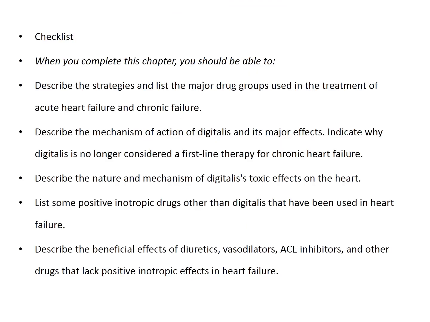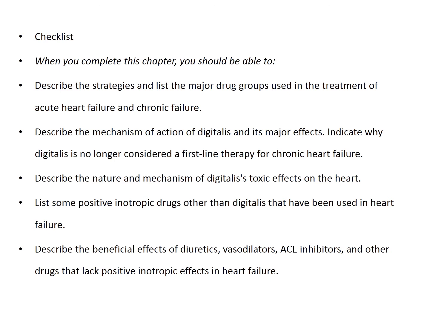So, at the end of this chapter, our dear students can answer or understand these points. Describe the strategy and list major drug groups used in treatment of acute heart failure and chronic heart failure. Describe the mechanism of digitalis activity and major effects, and describe the nature and mechanism of digitalis toxic effects.